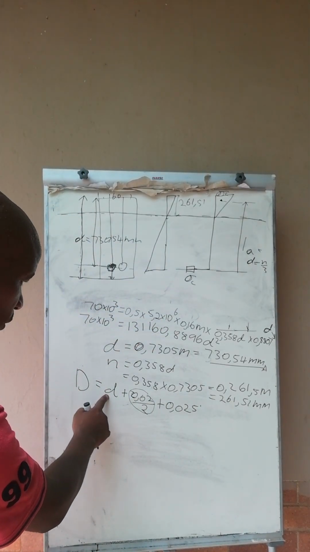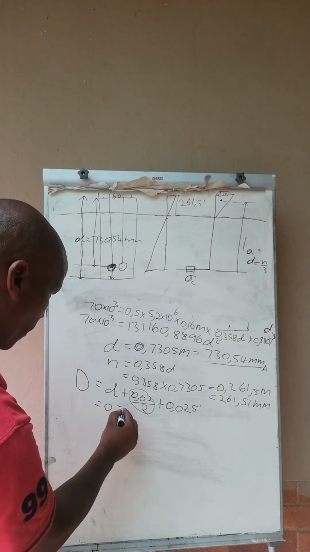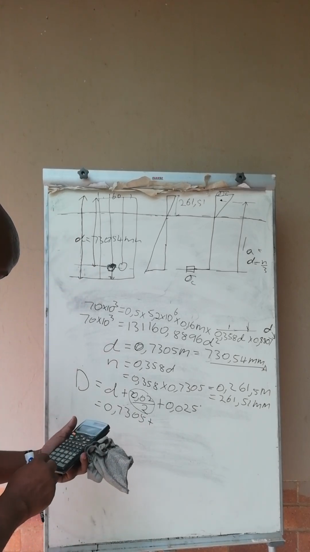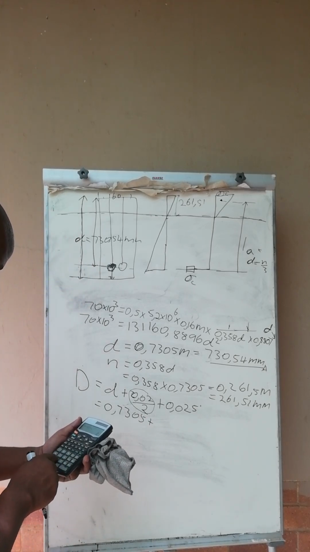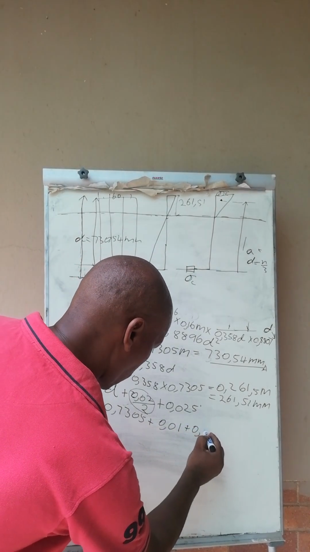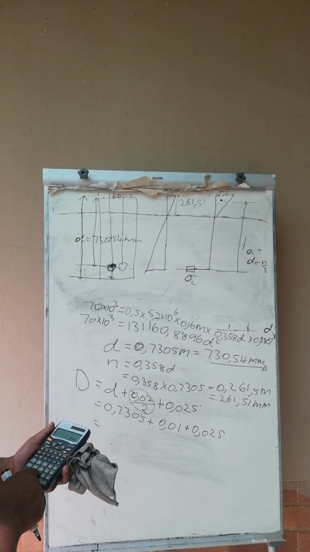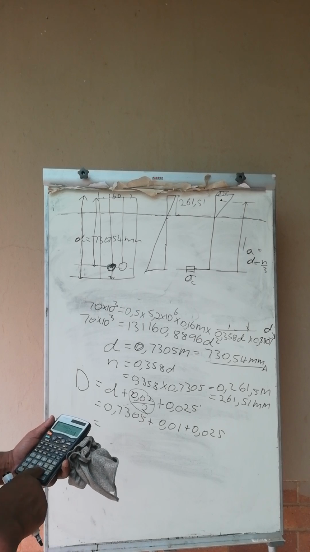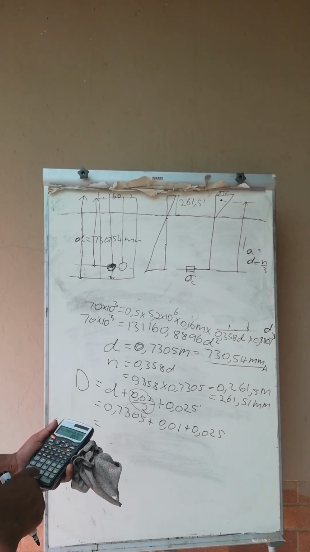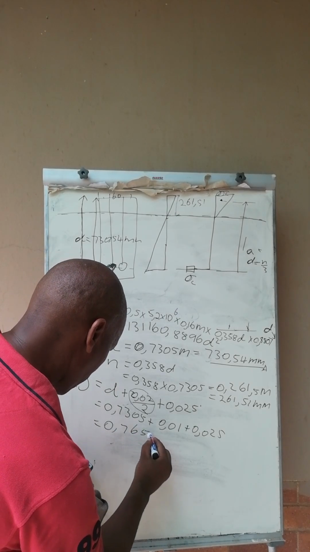Our D was found to be 0.7305 plus 0.02 divided by 2, which is 0.01, plus 0.025. It is equal to 0.7655.